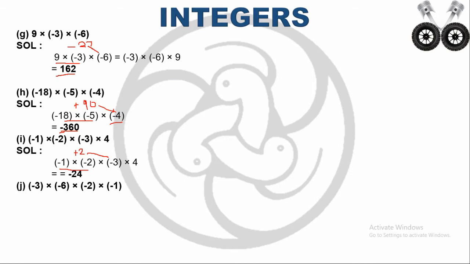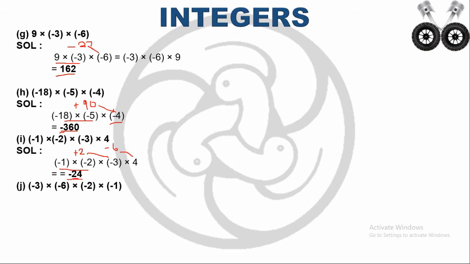The two integers have different signs, so I put the negative sign, and 2 into 3 is 6, so minus 6. Again minus 6 into 4. Here also we have two integers with different signs, so I put the negative sign, and 6 into 4 is 24. So the final answer is minus 24.